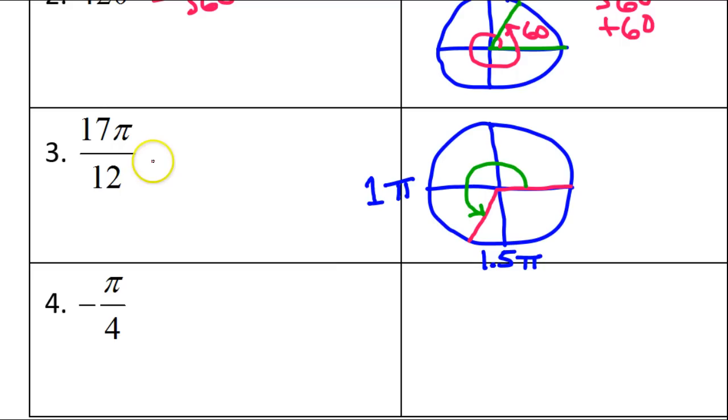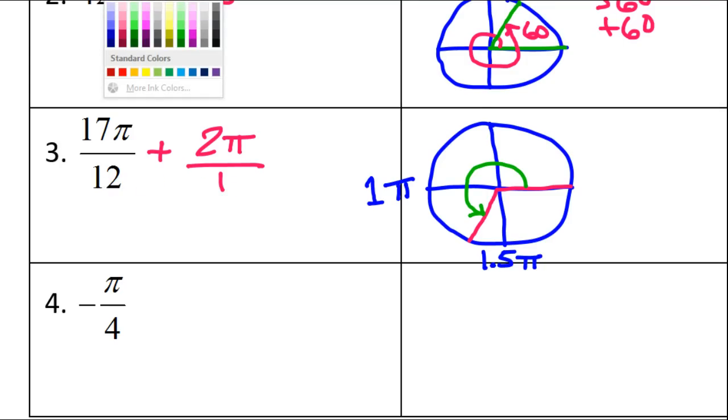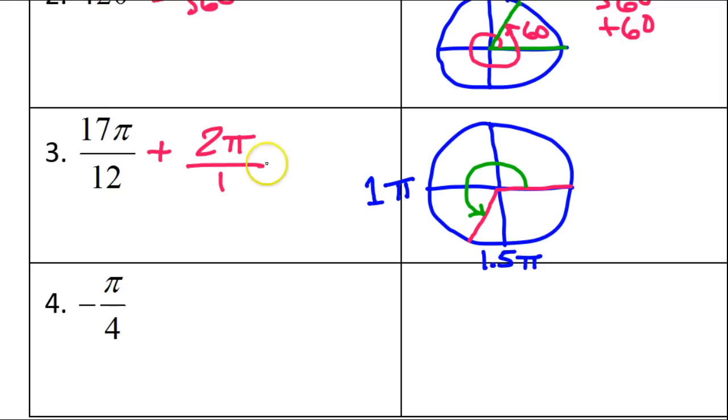Alright, if I want a positive coterminal angle, I need to go all the way around and back to where I started from. So that's why I'm going to add 2 pi to this. You can think of this as 2 pi over 1, but I need like denominators, so I need this to be a 12. So I'm going to multiply by 12 in the numerator and denominator.